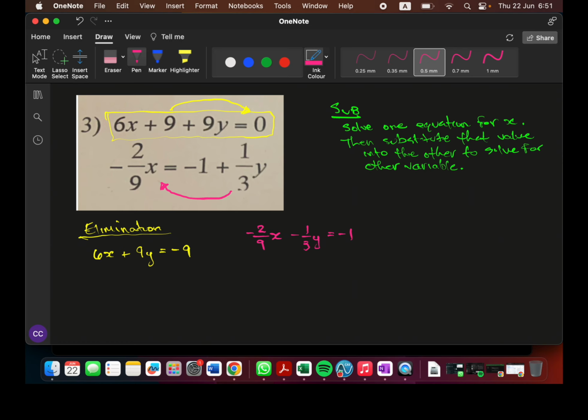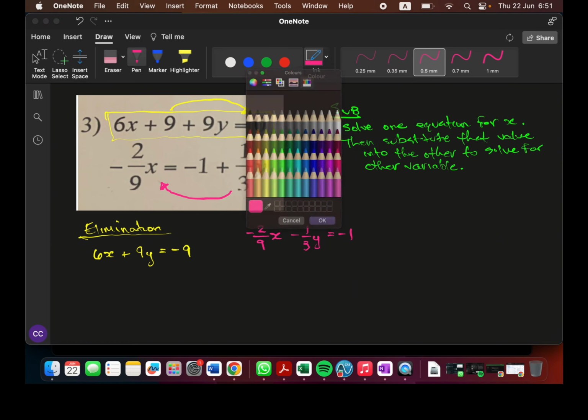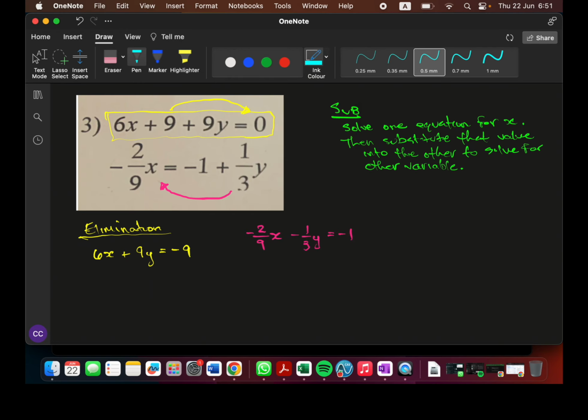Okay, now here is my number one suggestion for you whenever you get a problem that looks anything like this. Let's get rid of the fraction. The easiest way of getting rid of this fraction is to multiply by the lowest common multiple.